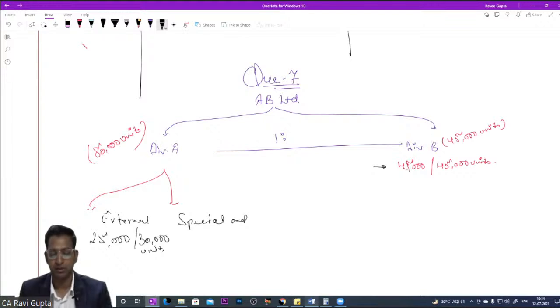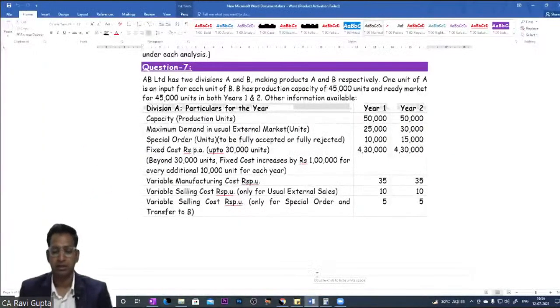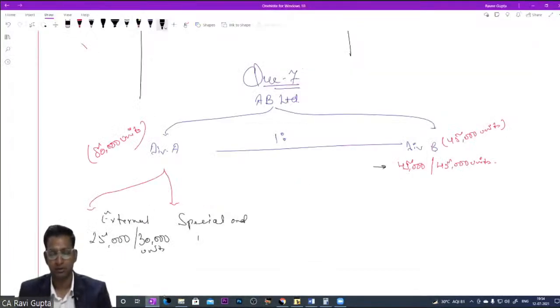A special demand of 10,000 units, fully accepted or fully rejected. Either we can accept the full order or we need to reject it. We cannot accept partly, that is, we cannot accept 3,000, 4,000, 5,000. We have to accept the full order or reject it. It is 10,000 units and 15,000 units.